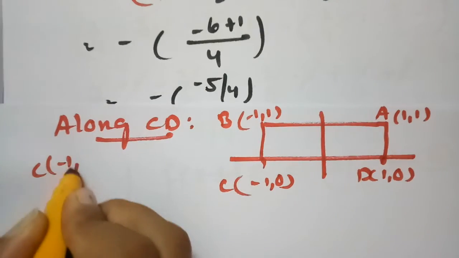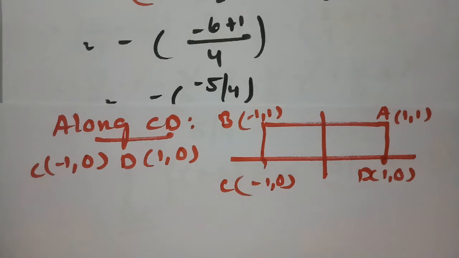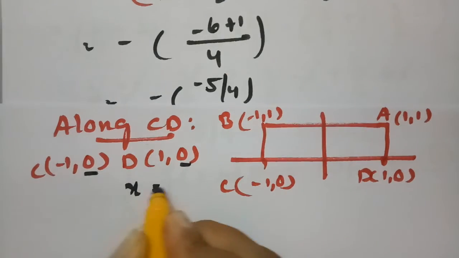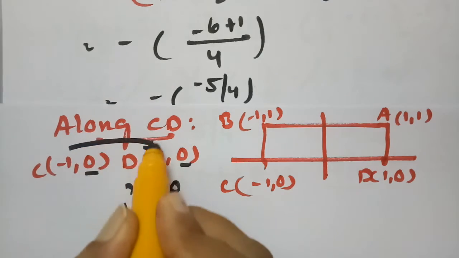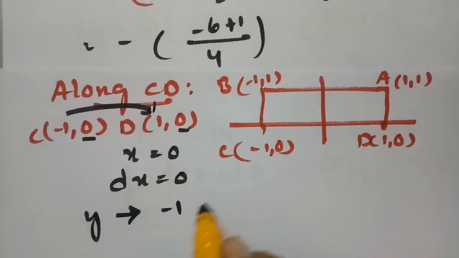So that C point is minus 1, 0, and D point is 1, 0. So if you see here, x value is a stable value, x is equal to 0. Therefore, dx is equal to 0, and y varies from the point minus 1 to plus 1.